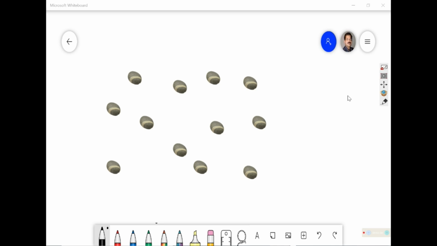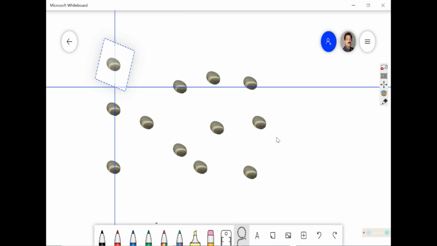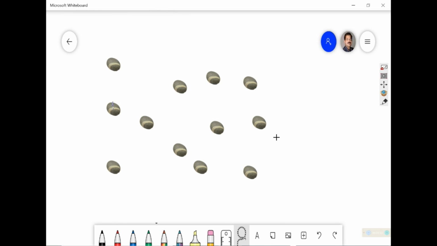So two things happen here. One way, I am playing with pebbles, and you will be getting an idea about how to understand the concept of multiples and factors. Let me take all these pebbles. I will make a group of 2 first of all. Take this pebble and keep it in a group of 2.